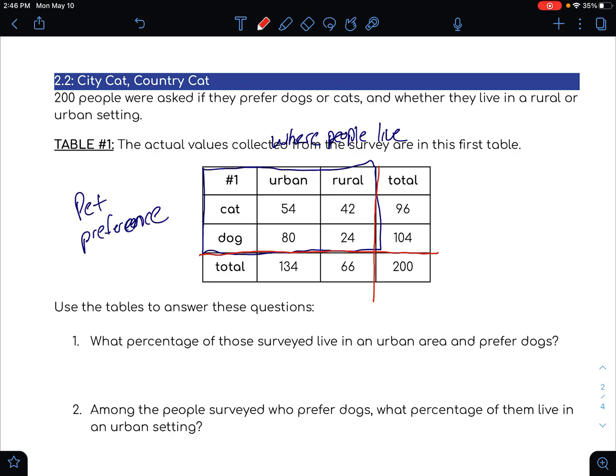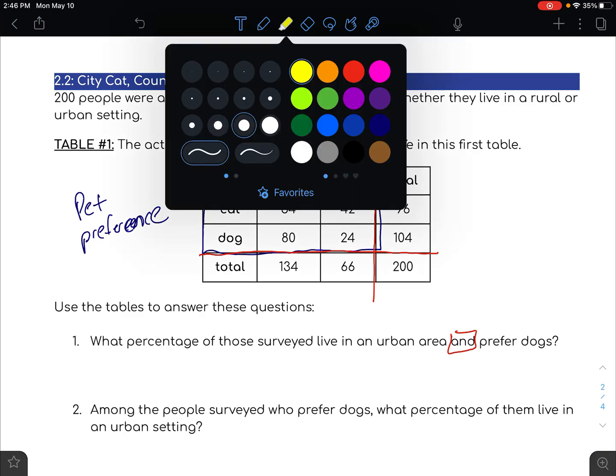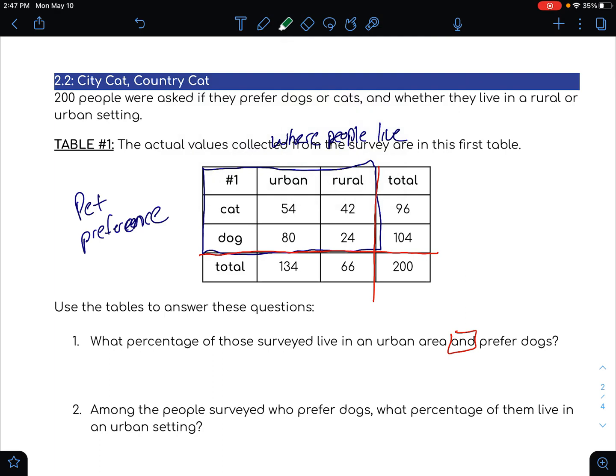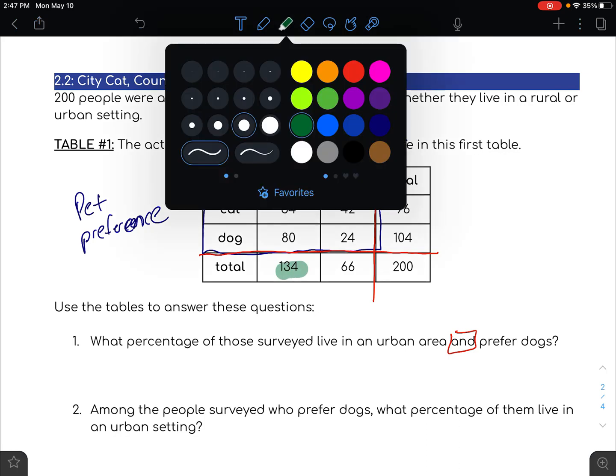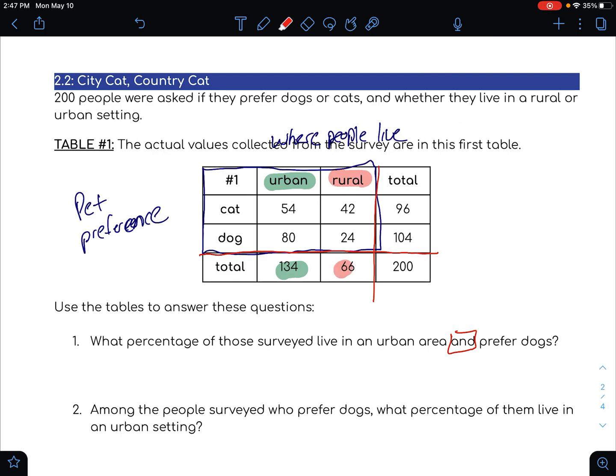All right. What percentage of those surveyed live in an urban area and prefer dogs? So let's look at a few of our titles here. We've got urban, and the total for urban. And we have rural, and the total for rural.